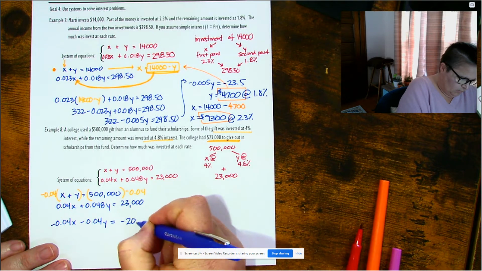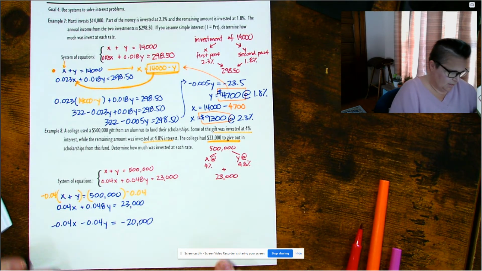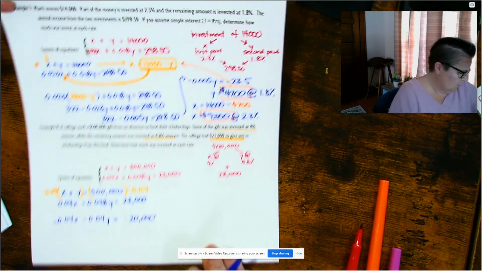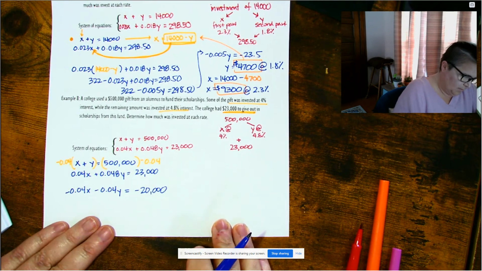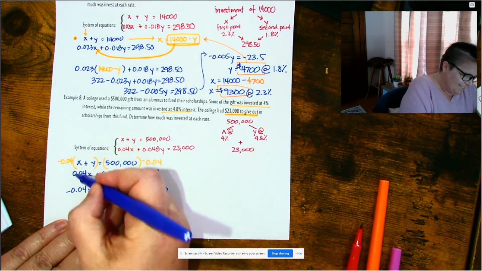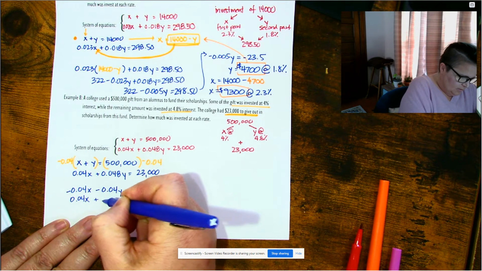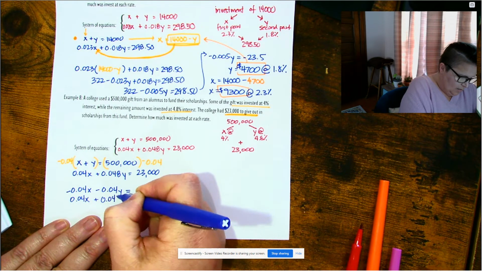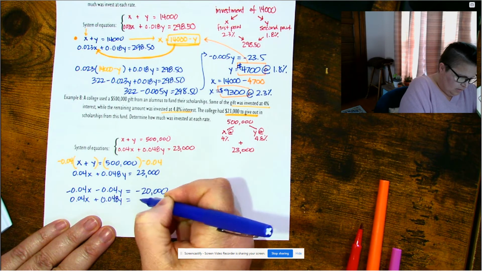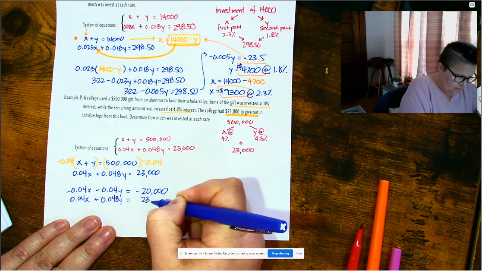So that I need 3 more zeros. So that's going to be 20,000. Negative 20,000. Now my second equation is a 0.04x plus a 0.048y equal to a 23,000.